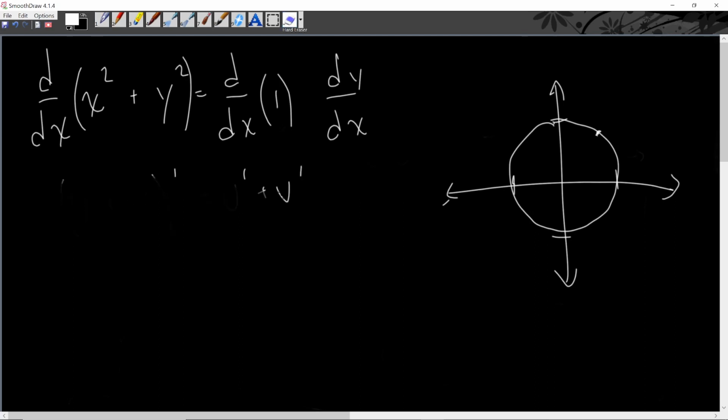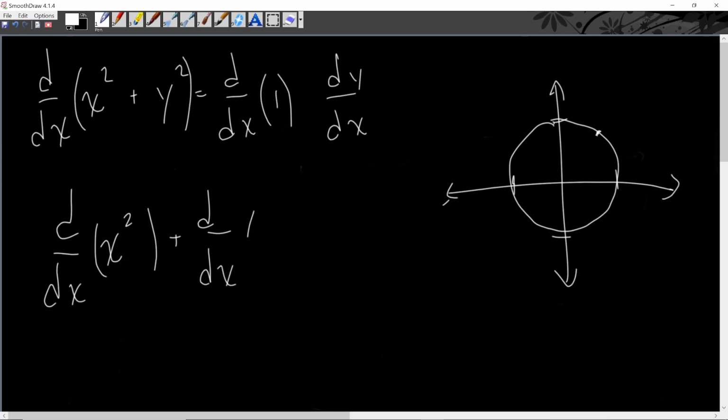So for this, it's just going to be the derivative of x squared with respect to x plus the derivative with respect to x of y squared equals the derivative of 1, which, as I think we know, the derivative of a constant is going to be 0. Imagine this is y equals 1. I'm not going to draw the full xy plane, but if this is y equals 1, then the slope at any point, if you were to draw a line, the slope of these lines will always be 0.